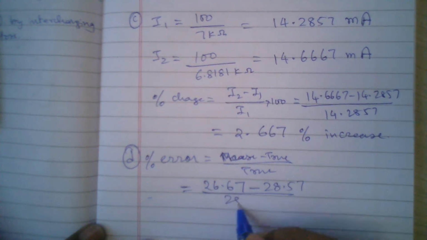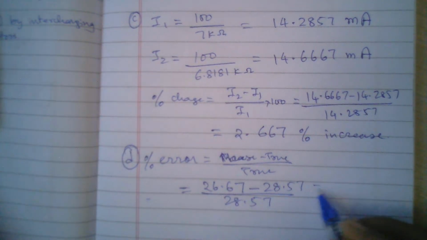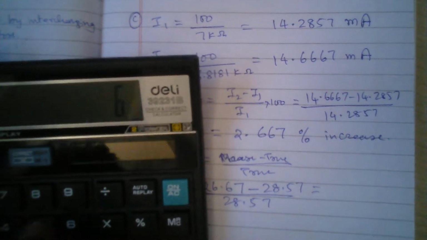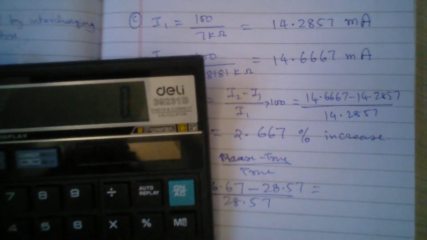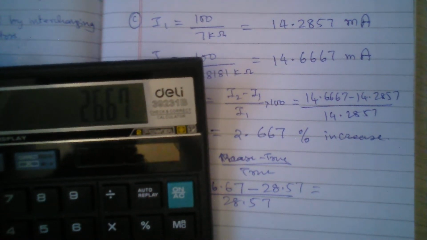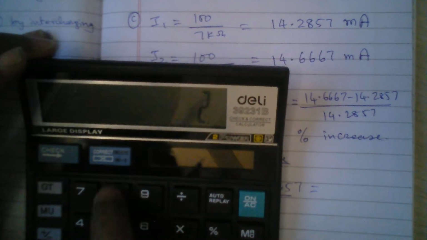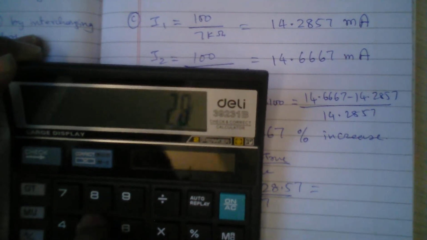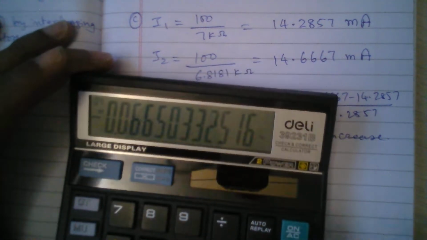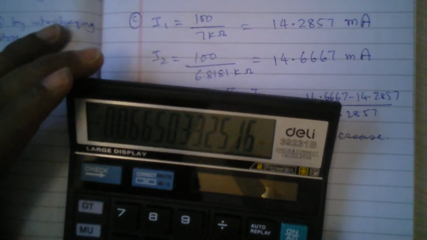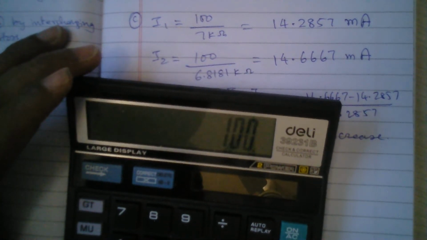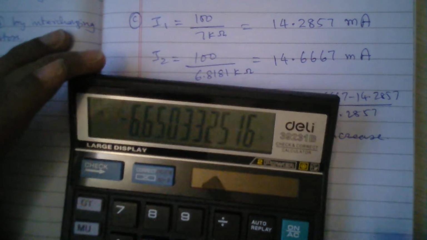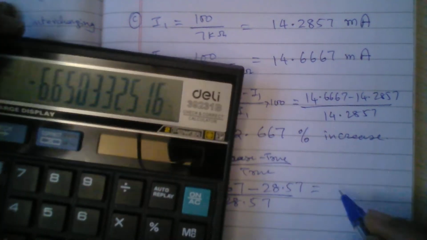So 26.67 minus 28.57 divided by 28.57, and then I can multiply this value with 100 to get the percentage. Minus 6.65%.